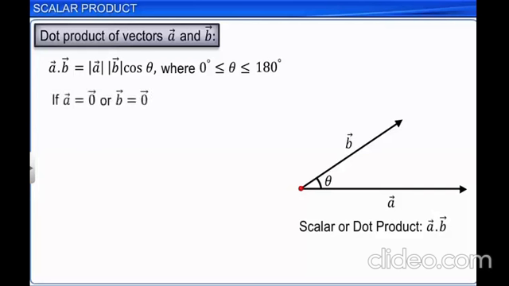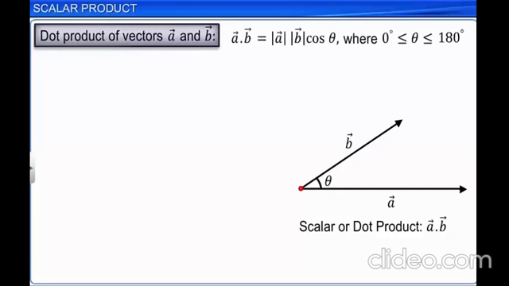If either vector A or vector B is a zero vector, then angle theta between them is not defined, and hence their dot product is 0. We know that the magnitude of any vector is a real number, and that the cosine of angle theta is also a real number.